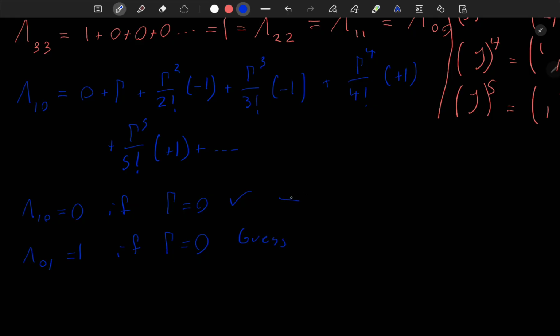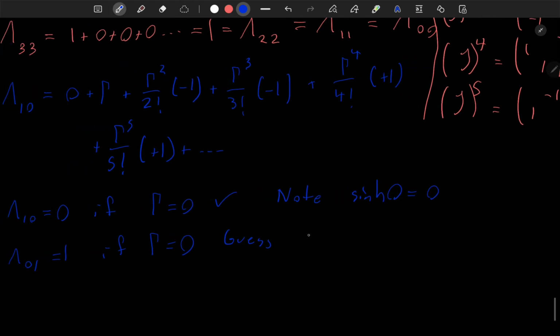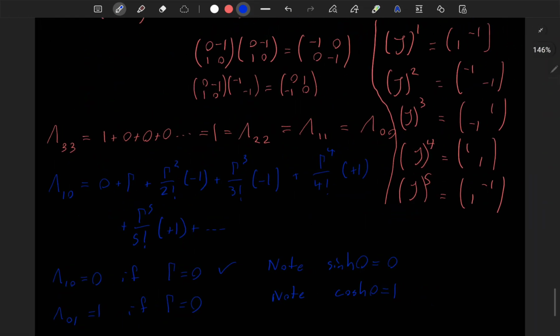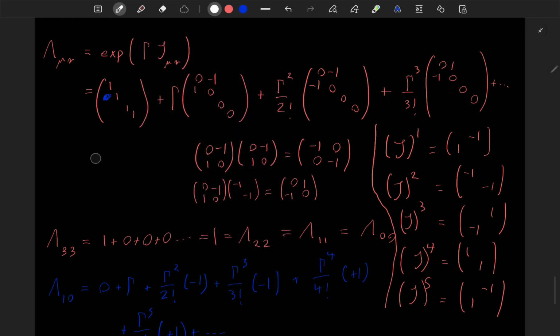And then here you're going to note that sinh of 0 is 0. And also you note cosh 0 equals 1. So sorry, before I do the Taylor series, let's find the explicit form for this guy. So we're looking now at the 0, 1 component.